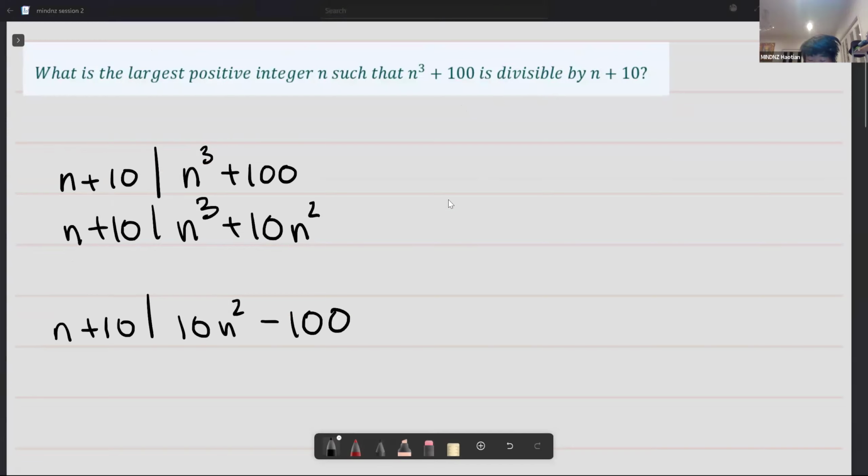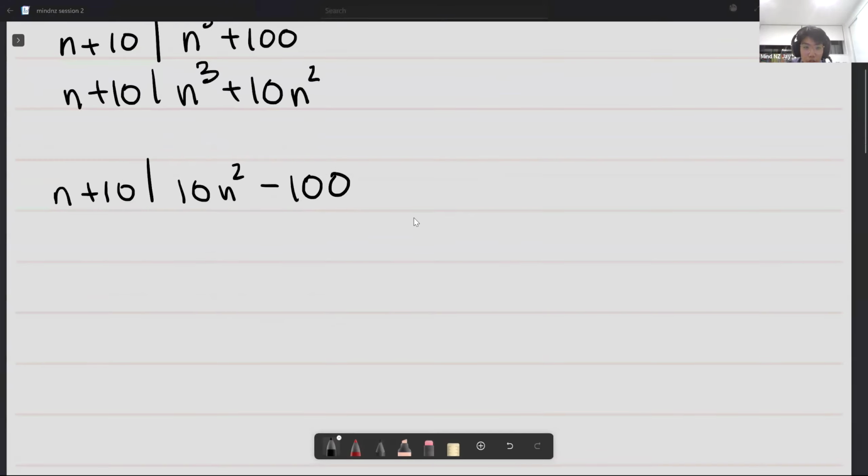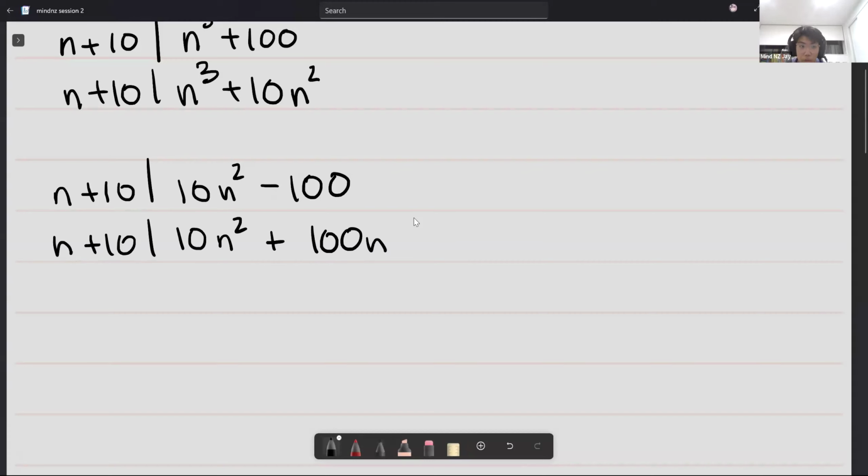Okay, so we can do this again. We know that n plus 10 divides 10n squared plus 100n, because we can multiply this by 10n. Now if we take the difference of these two, we get n plus 10 divides 100n plus 100.